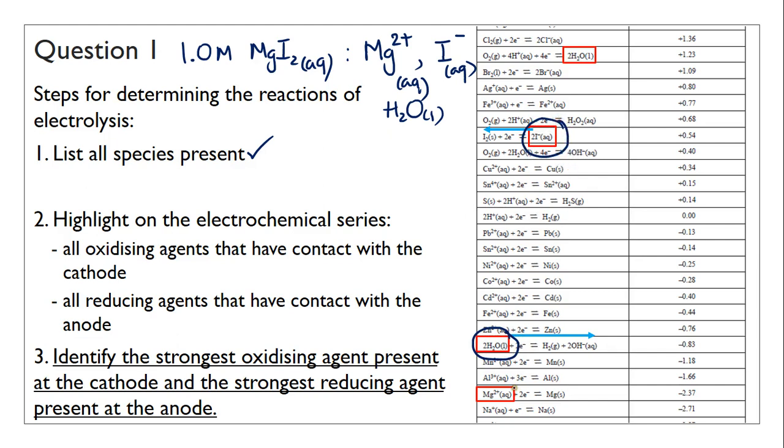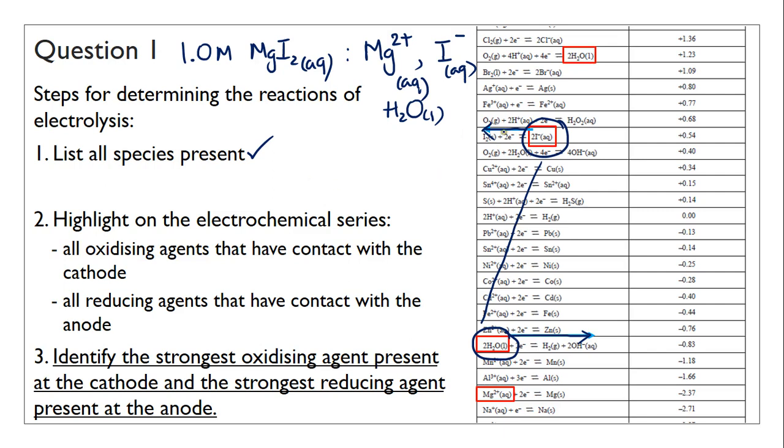Okay. So if you don't know which one is the stronger oxidizing agent or the stronger reducing agent, one way to remember is you always want to form the smallest Z possible between all the species that you have highlighted, because the smallest Z possible is going to be the Z that requires the least amount of energy to happen, because a smaller Z just means that you have a smaller gap between the two species, so a smaller voltage is required.